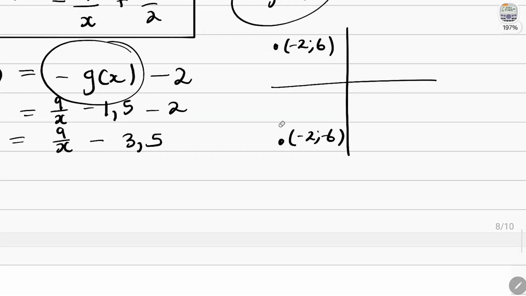If you take this reflected point and subtract 2 from the y value, it's going to go minus 2, so minus 7 and then minus 8. This is going to be negative 2 and negative 8. So what did we do to this? Well, we directly subtracted 2 from the y value. So you literally shifted this graph down by 2 units, or really this point down by 2 units. So it was shifted down by 2 units.